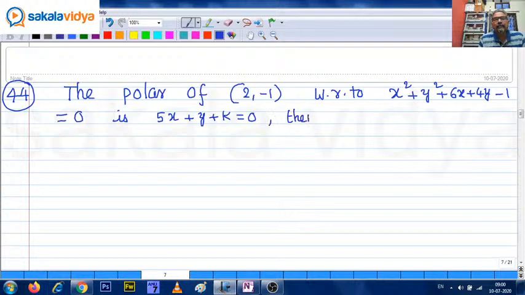Then k equals to? First option 1, second option 2, third option 3, fourth option 4.